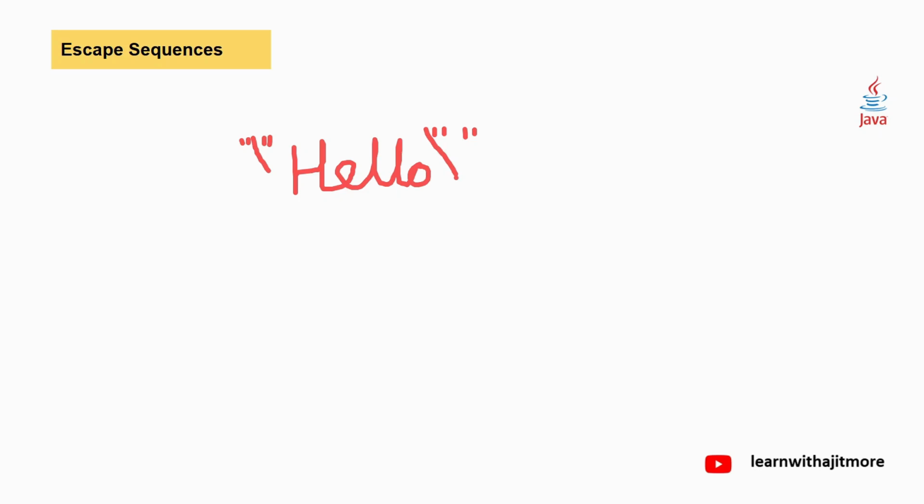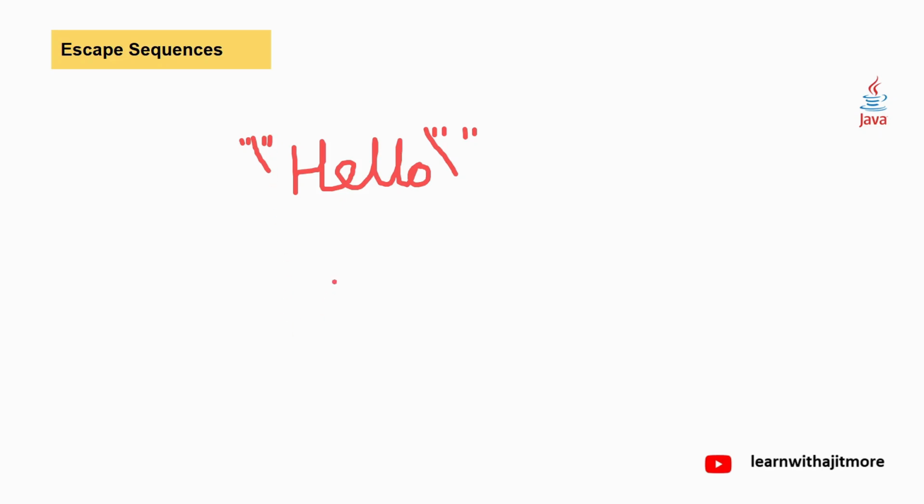So what will happen once you precede it with a backslash? The meaning of double quote will be ignored. What is its meaning? Start and end of a string. So now it won't treat it as the start or end of a string. It will treat it literally as a double quote. यानी जैसे है वैसे ही, मीन्स वो डबल कोट है तो उसको डबल कोट ही रखो. Don't consider it as the beginning or end of a string because it's a meta character, no?